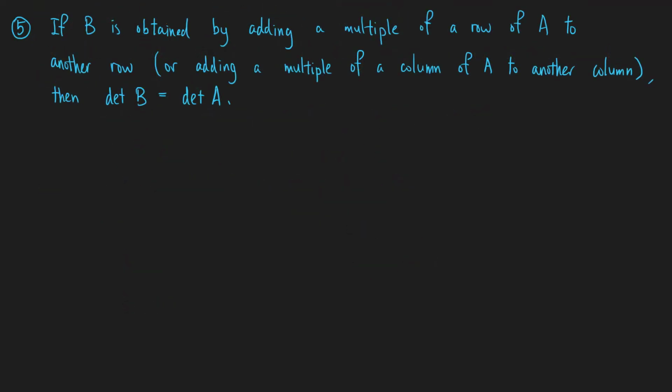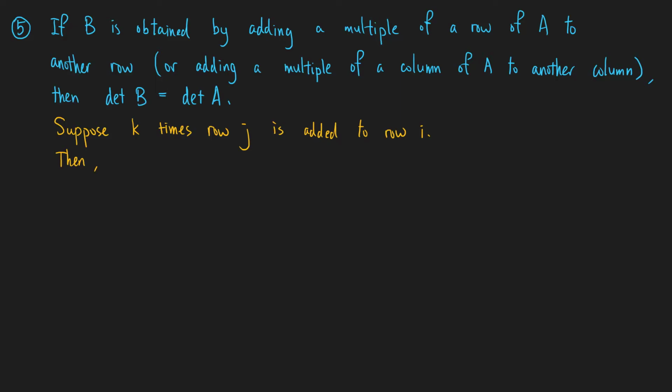Now the fifth property. If B is obtained by adding a multiple of a row of A to another row, or adding a multiple of a column of A to another column, then the determinant of B equals the determinant of A. To prove this, suppose k times row j in A is added to row i.